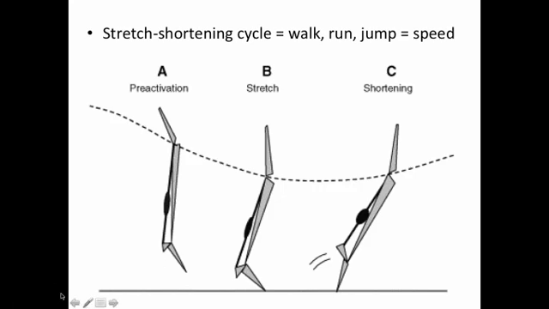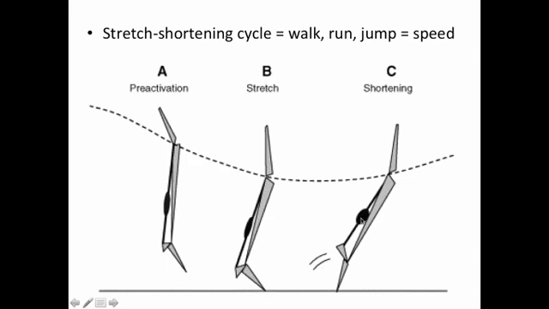So stretch, shorten, cycle. We have someone, say in this function, because they're landing on their toes, it's going to be sprinting or jumping, and they're going to have pre-activation of their calf muscle. They're going to land, then they're going to have a stretch of their muscle tendon unit. Okay, so that can be misleading because often you don't really have much lengthening of the muscle itself, mainly the tendon, but we'll come back to that.